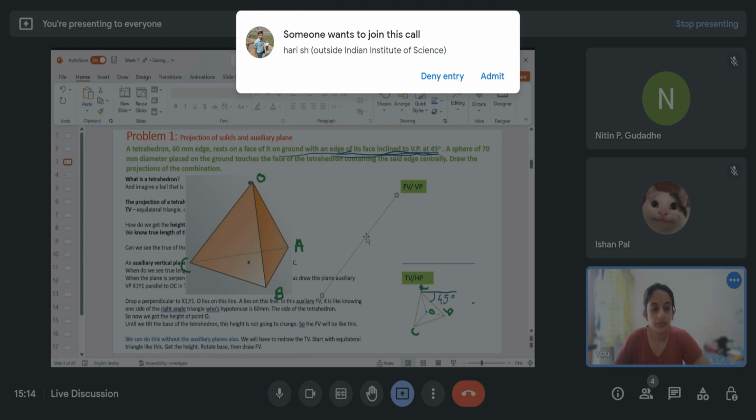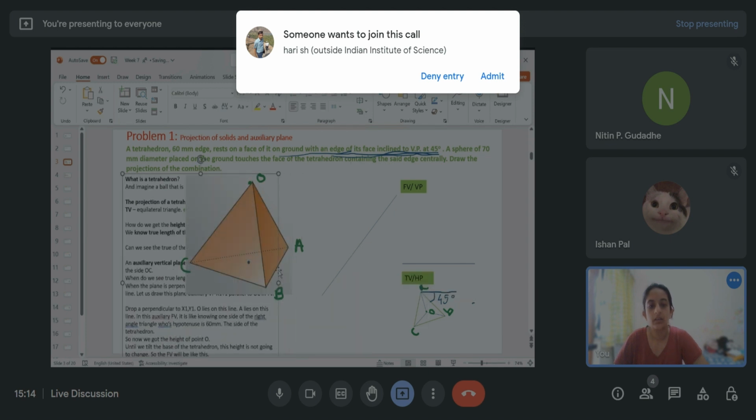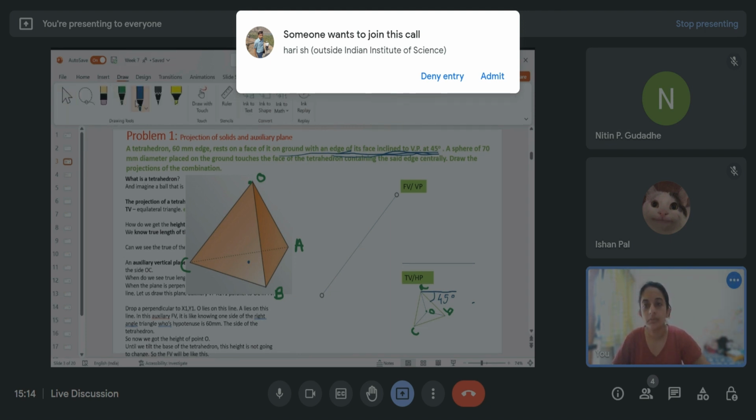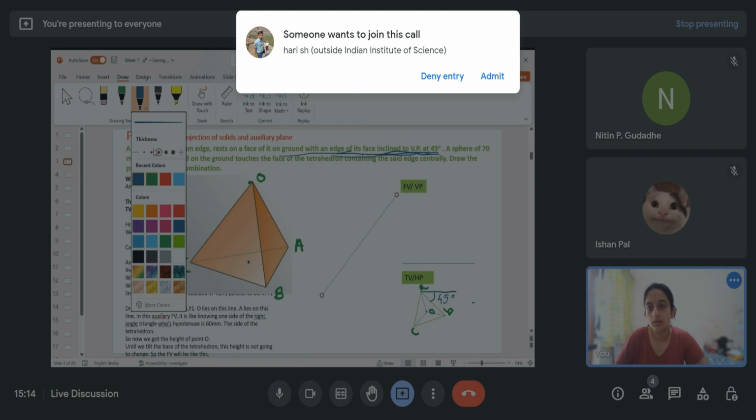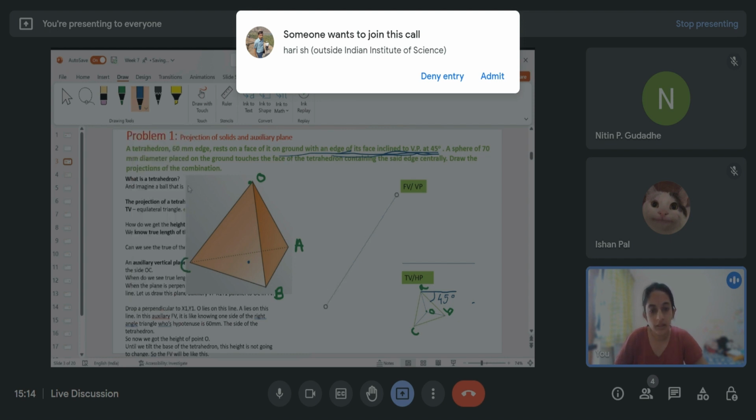So right now this line is my auxiliary plane x1 y1, which is parallel to the line OC. So x1 y1 is parallel to OC, this one.